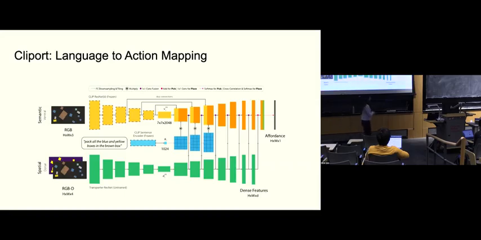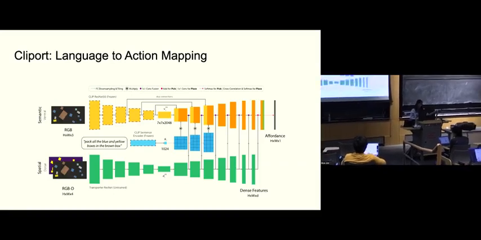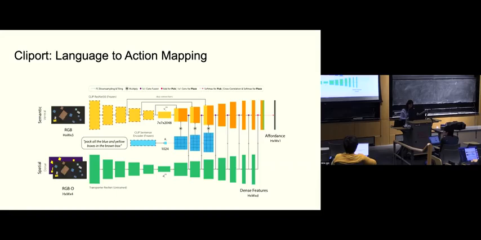Okay, so what happens exactly here in the architecture? At the top of the visual encoder, you have 7x7 by 2048, all right? And you take the language encoding, which is 1024, and what you do is you tile it. So you replicate the same vector in the 7x7 grid, and then you do point-wise multiplication.